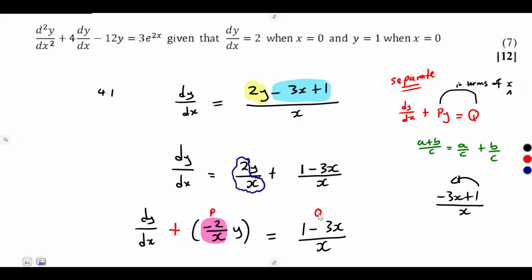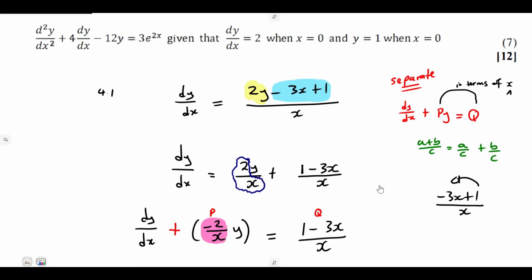The Q is also in terms of X. So what is it that we are going to need from these two? We are going to need what we refer to as the integral factor.